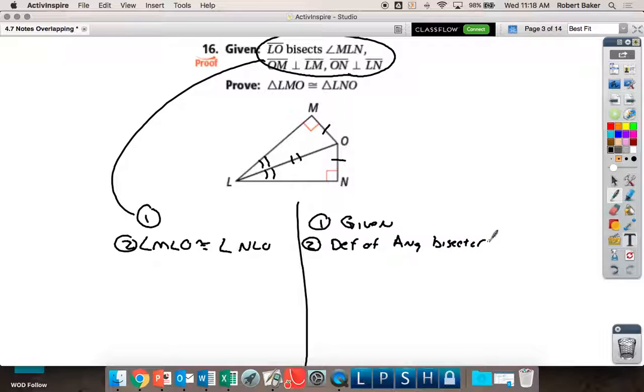That proves these two things are congruent. Now, while we're talking about angle bisectors, I'm going to continue with that. MO is congruent to ON.